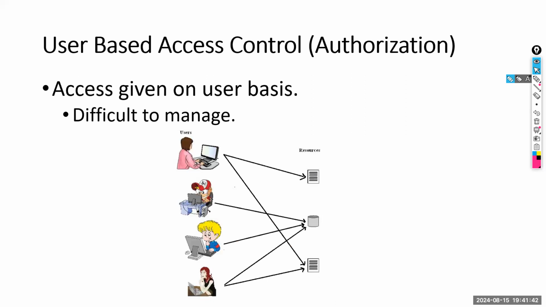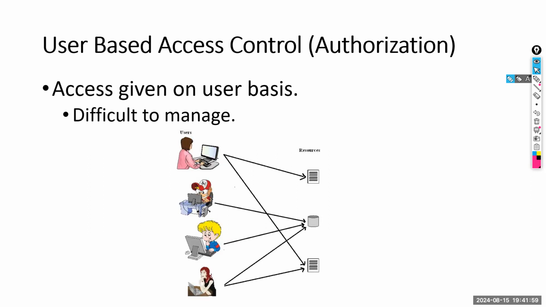User-based authorization is the simple approach, but not very effective. If you have a lot of users, it is not a very scalable approach. You just give access to the users individually.